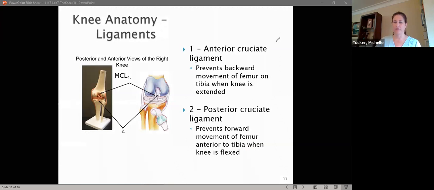The cruciate ligaments act like anchors. So they anchor a part of the knee, and the anterior cruciate ligament is going to anchor from the front. So they're named by where you see them.